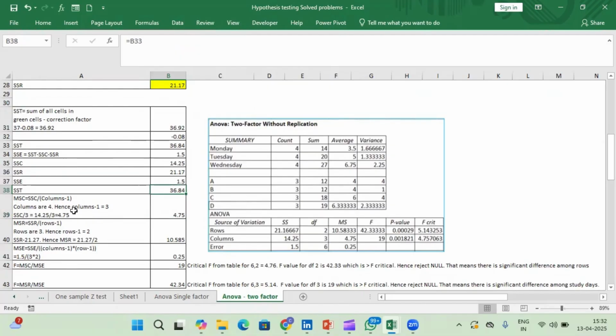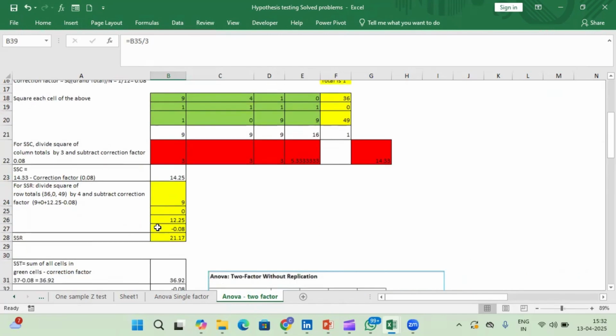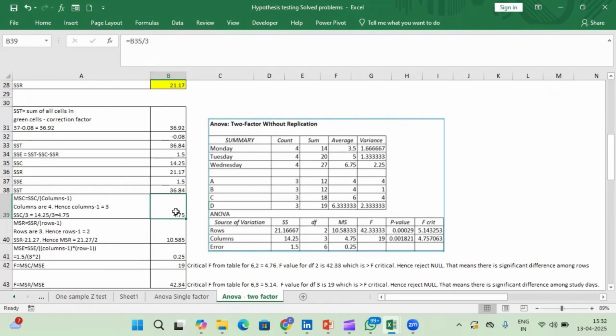Now MSC is by the formula SSC divided by columns minus 1. Columns were 4 here. 4 minus 1 is 3. MSR is SSR divided by rows minus 1.